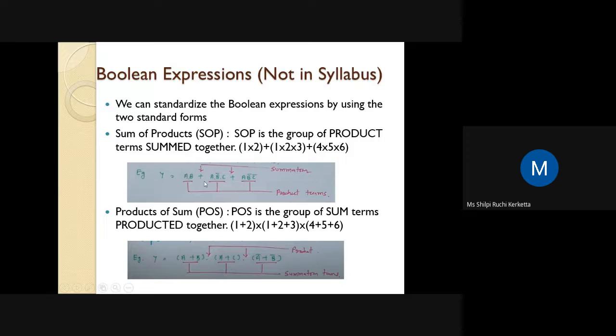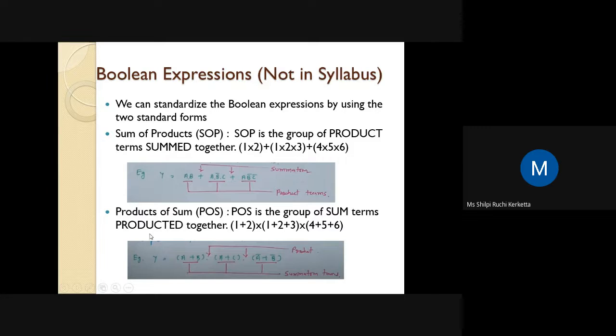This is an example of sum of products, and we will only be using sum of products for our evaluation. The other one is product of sums, but we won't be using it because it is a little complicated. You can make the circuit with either form, but I would suggest you only do sum of products, because product of sum is just the opposite of sum of product.